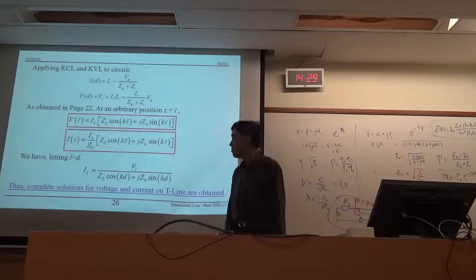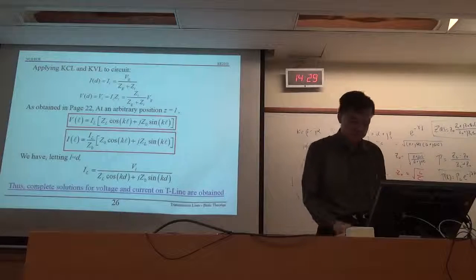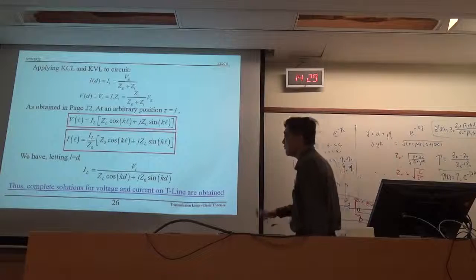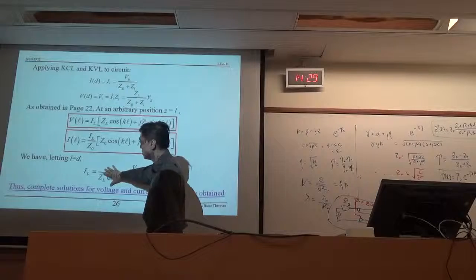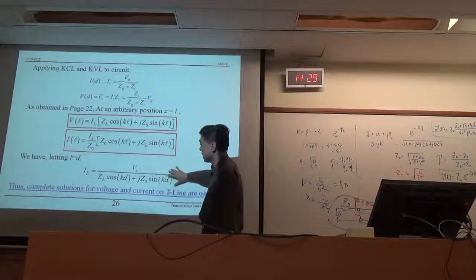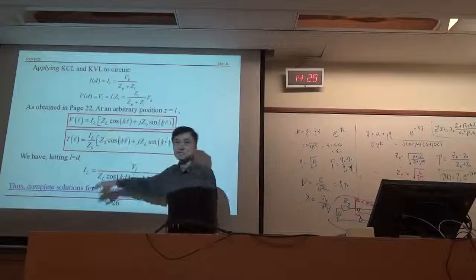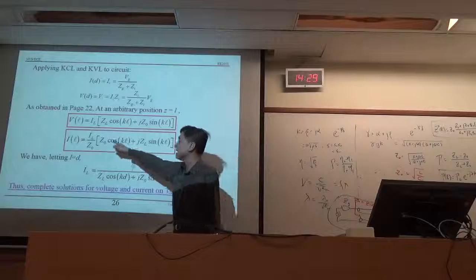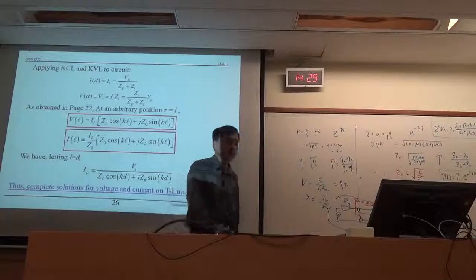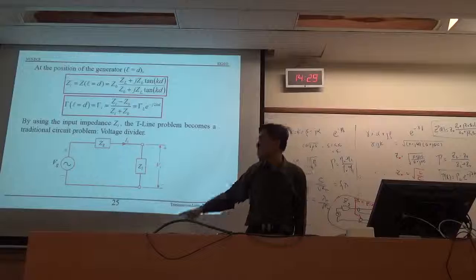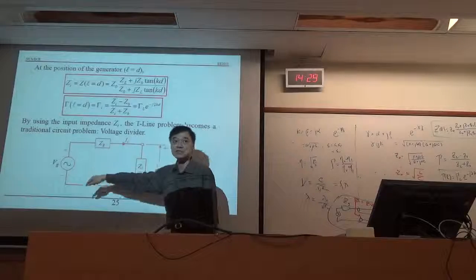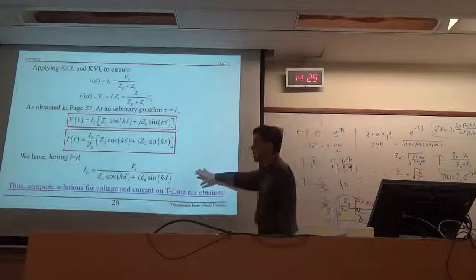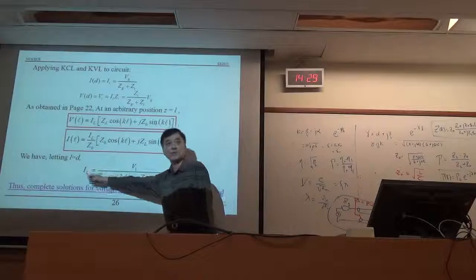Now, from these two equations here, we can also use this VI and II, which are actually determined from the Thevenin equations, to calculate the VL and IL back if we want to.